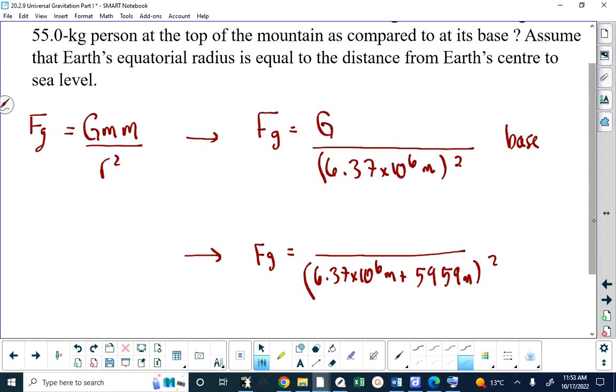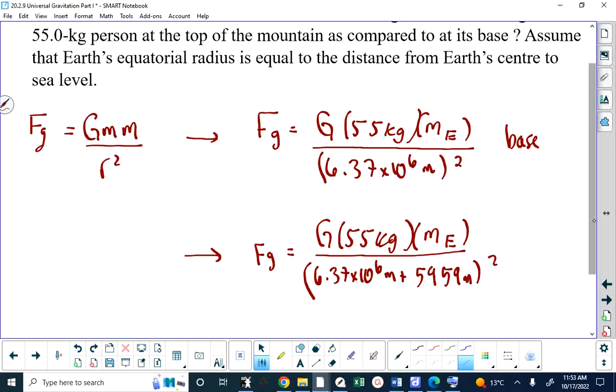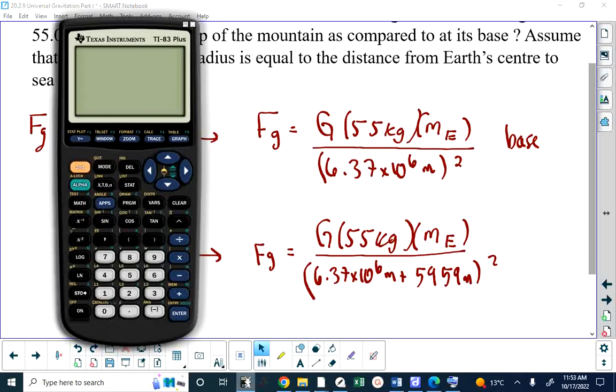So we're still going to have capital G times 55 kilograms times the mass of the Earth. I'm really hoping you're okay with me just writing capital G. We know it's 6.67 times 10 to the negative 11. I don't need to write it down every time. I can just look at it on the formula sheet. And I'm also just writing the mass of the Earth rather than 5.97 times 10 to the 24.